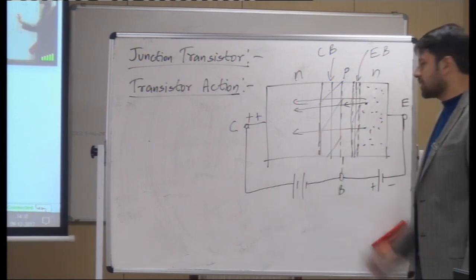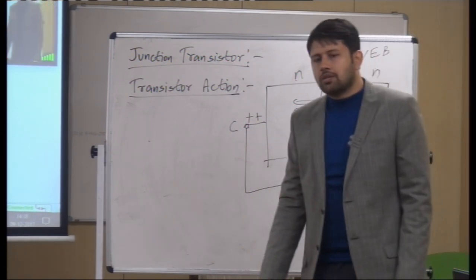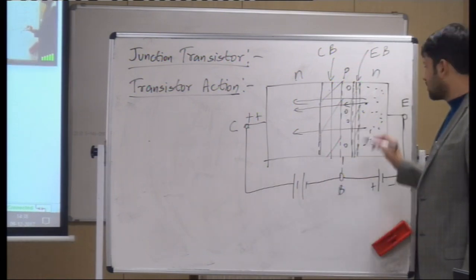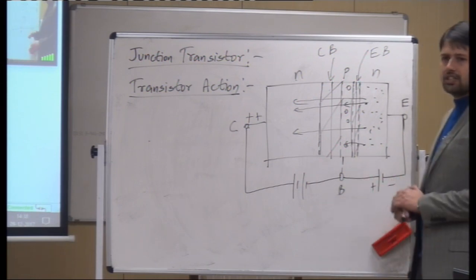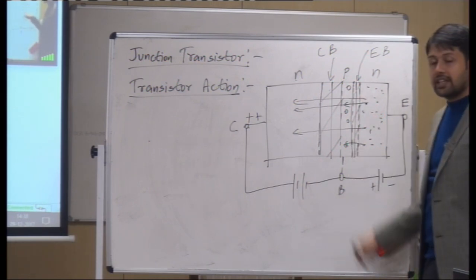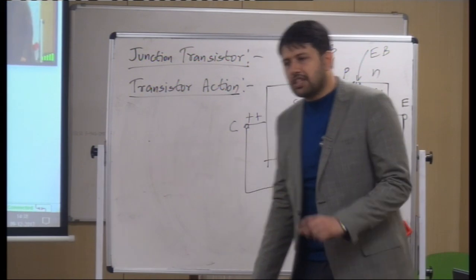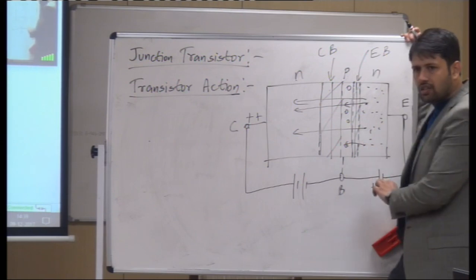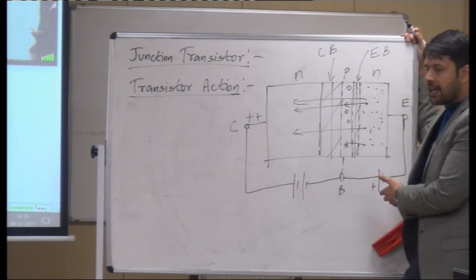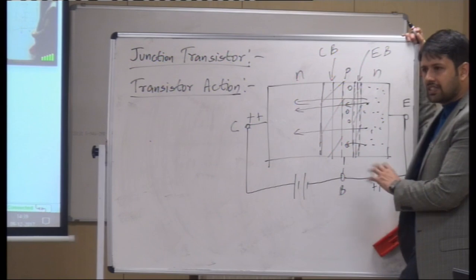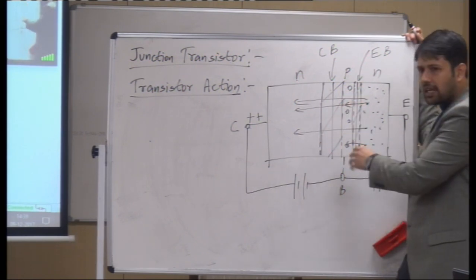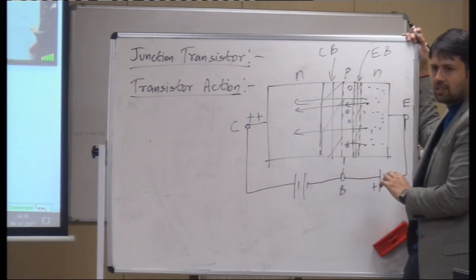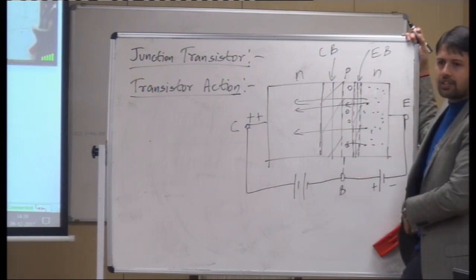The majority charge carriers try to move like this, but the P side has some holes as well. Some of these electrons, these majority electrons from emitter, would sit in the holes of P of base and make the base negative. When this crowding of base happens, this negative charge restricts the further flow of electrons.